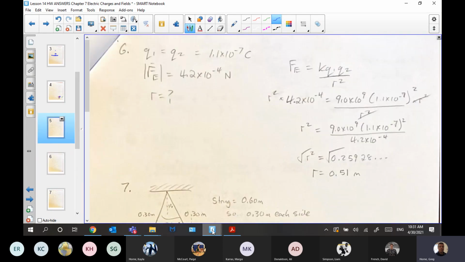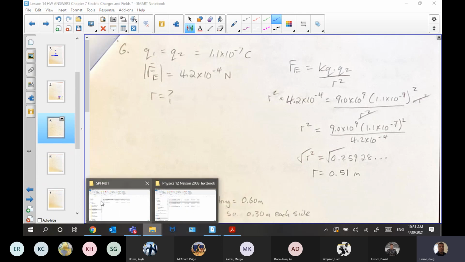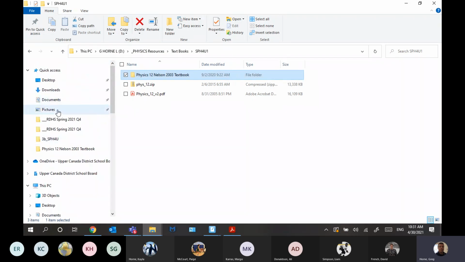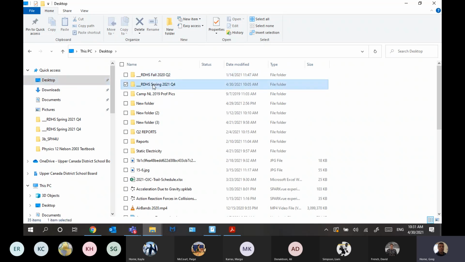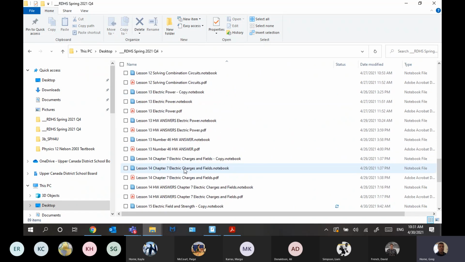I want to just jump back to lesson 14 actually and load it up, the actual lesson, because we had a number difference. And it turns out that, to my surprise, almost, I was right in the lesson.